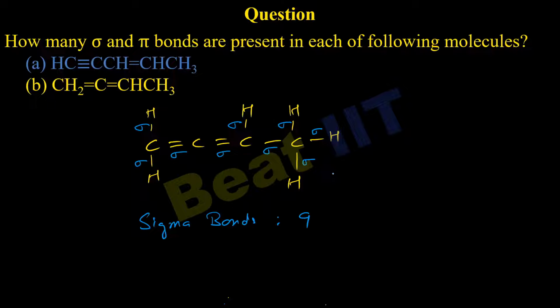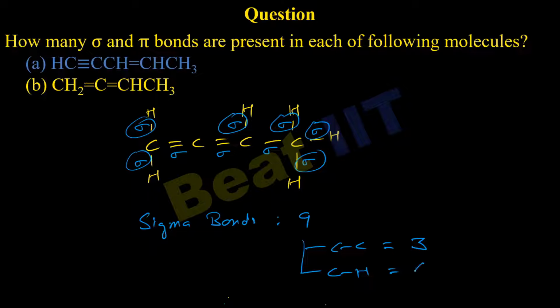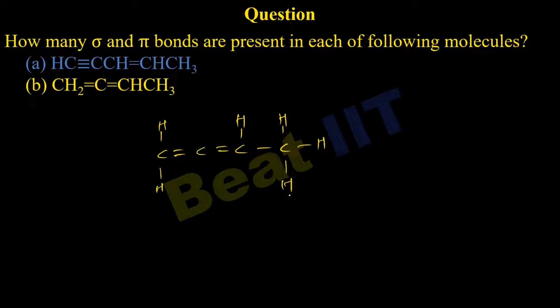Now out of these 9, how many between carbon and carbon and how many between carbon and hydrogen? Between carbon and carbon, if I see here, 1, 2, 3 only. Between carbon and hydrogen, 1, 2, 3, 4, 5, 6. So between carbon and hydrogen, total 6, and 3 plus 6 we have 9.